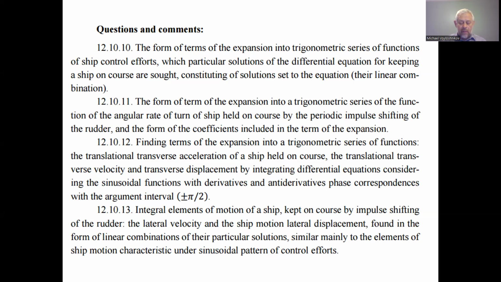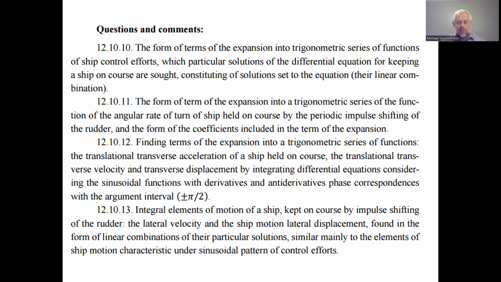So, in the previous article 12.9, we considered the motion of the ship under controls with a pattern of change of the rudder angle with the same frequency as in this one, article 12.10.